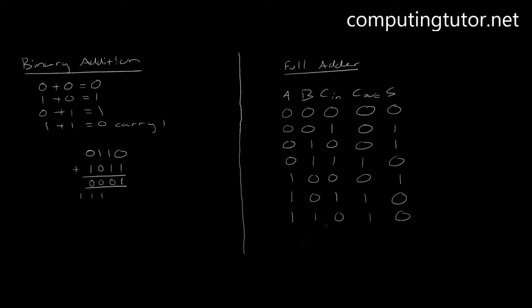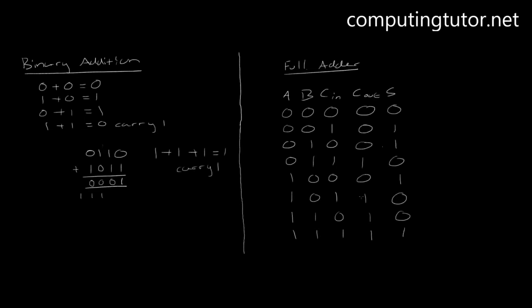And the final permutation of inputs that we could have is 1, 1, 1. And that's going to be 1 plus 1 plus 1. And for that one our sum bit is going to be 1 and our carry bit is going to be 1 as well, because we're doing 1 plus 1 plus 1 equals 1, carry 1.